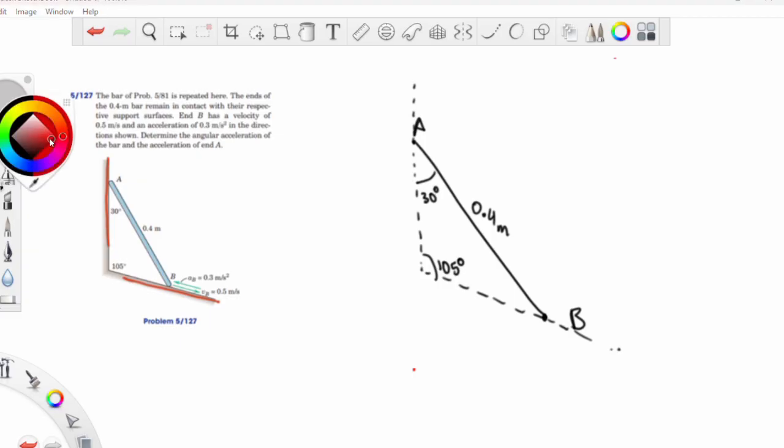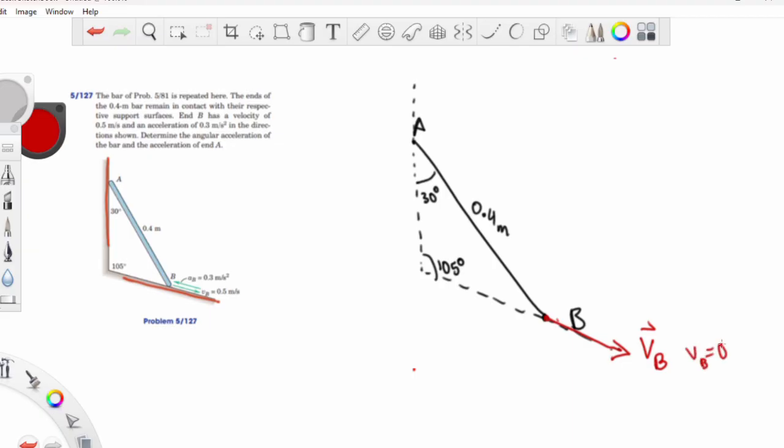And then let's draw the VB vector, so the velocity of point B that slides along the inclined plane. This is vector VB. And we know that VB has a magnitude of 0.5 meters per second.